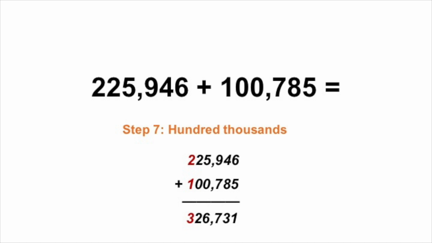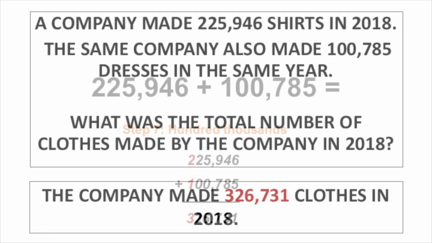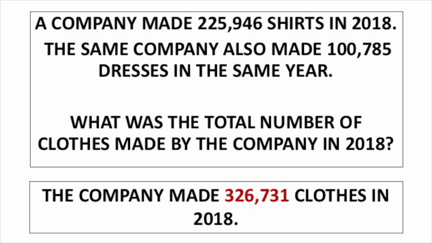So you see, at the end of the day, we're just doing our addition calculations as normal. And by reading and understanding the word problem, we can get the correct answer. So we can say, guys, the company made 326,731 clothes in 2018.